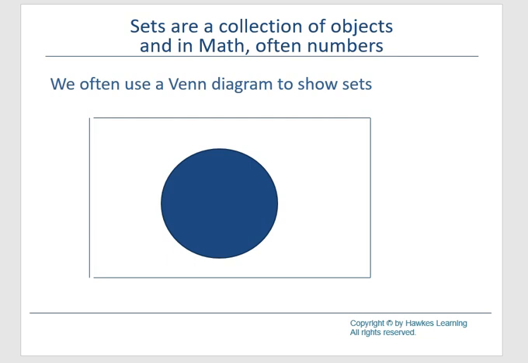Now, what is a set? By definition, a set is a collection of objects. And in a math class, we might often think it's a collection of numbers. So you may or may not recall from way back in the beginning, we talked about sets of numbers.